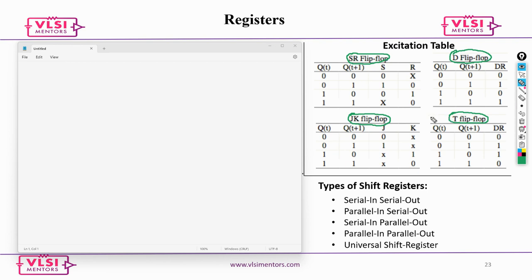Which one do we use in industry predominantly? Remember, we always use only D flops. You will see DFFs being used in the design heavily.